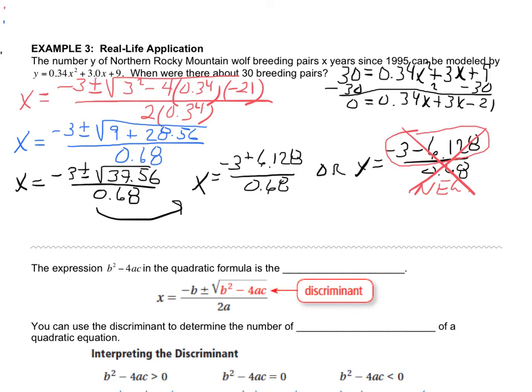It is plus on that one; the negative one is the one we're throwing away. When I run this through the calculator, x is approximately 5, and because we are looking at the number of years after, what we are trying to find is how long it's going to take to get 30 pairs. It is approximately 5 years after.